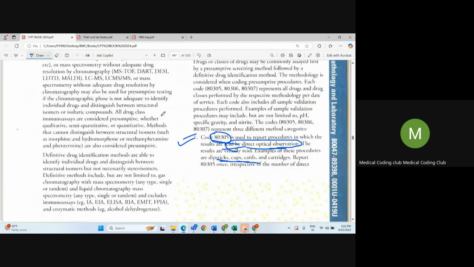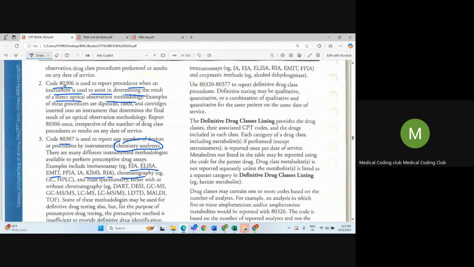The first one, 80305, is used to report the procedure in which results are read by direct optical observation. So the results can be visually read, and that time we code 80305. To read the result, if they utilize an instrument, then we code 80306.